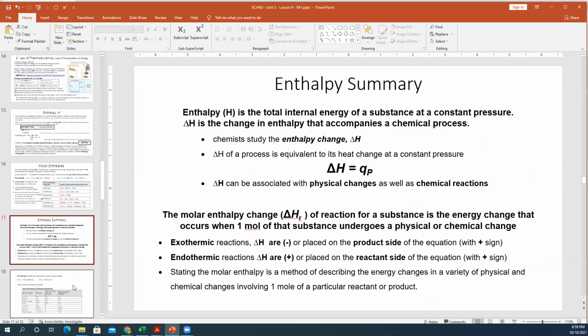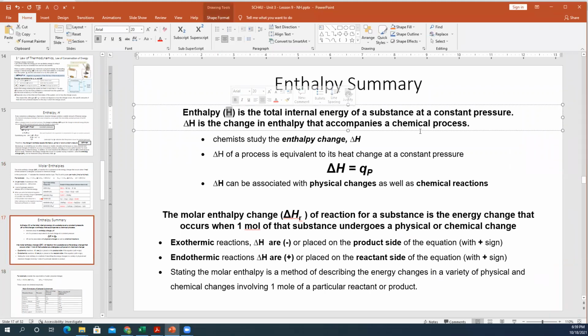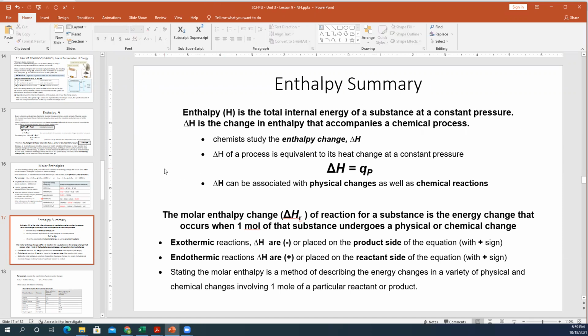So just to summarize enthalpy: enthalpy, or H, is the total energy of a substance at a constant pressure. But the change in enthalpy that accompanies a chemical process is referred to as delta H. And in chemistry, we study delta H. We study the change in enthalpy that accompanies some chemical process, some chemical reaction.